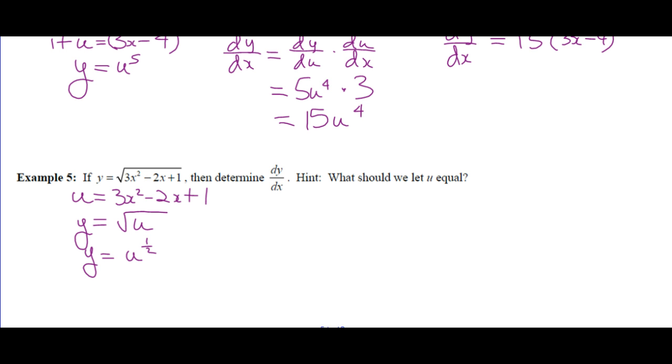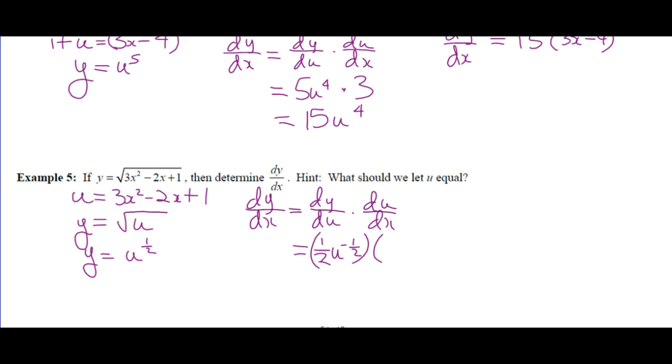All right, so dy by dx is equal to dy by du times du by dx. Dy by du is? Yeah, so 1/2 u to the negative 1/2. When we go to simplify it, we're just going to do it as 1 over 2 root u, right? But this is a good starting point.